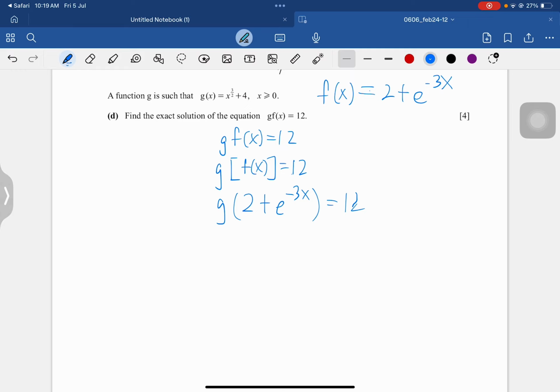Now, g(x) is x to the power of 3 over 2 plus 4, sub in. Oops, sorry, my bad. 2 plus e to the power of minus 3x, to the power of 3 over 2, plus 4 equals to 12.